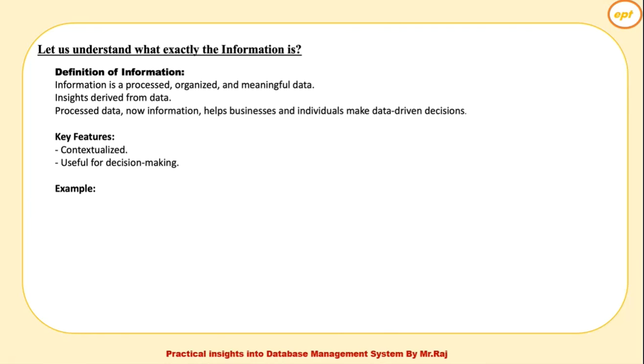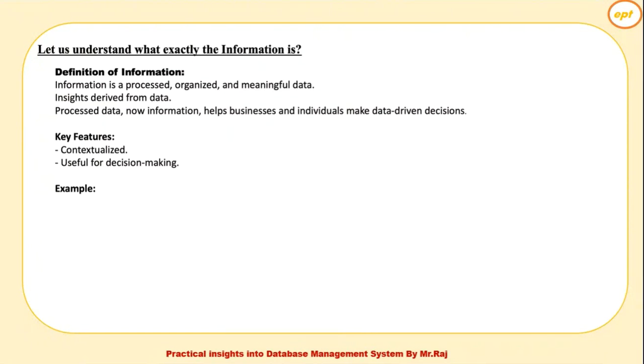Now you are claiming that with the help of information you can take better decisions, right? Now I'm asking you to take one example. Maybe you can take Google Maps. Can you tell me how, using the data, you are taking better decisions? How maybe Google people are taking better decisions, how Google Maps is able to provide some valuable information to you? Just take an example and tell me the answer.